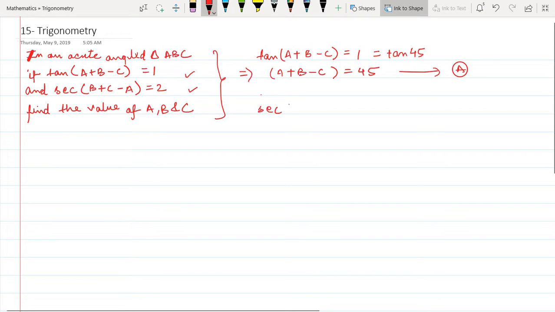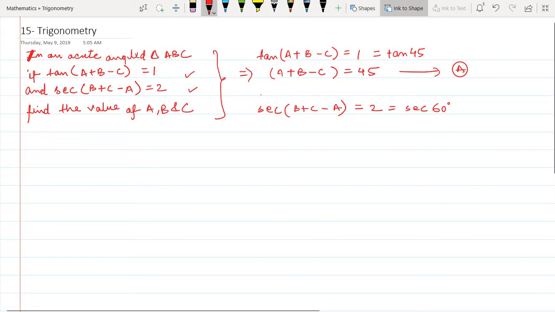Then the second condition says sec of B plus C minus A is equal to 2, and 2 is the value of sec 60 degrees. Now how do I remember this?